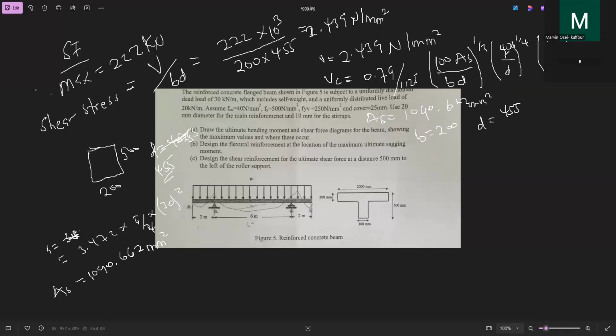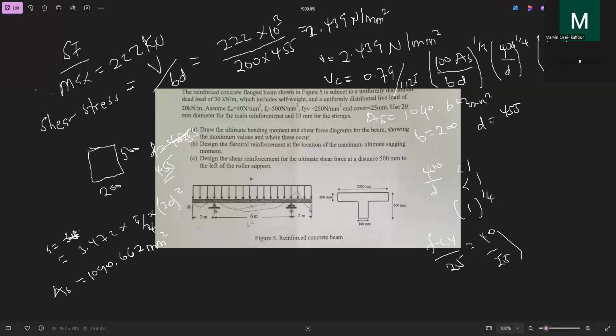And here, you check whether 400 over D will be less than 1. If it is less than 1, you maintain 1 for the entire place. After that, you check your FCU over 25. The value of FCU, the concrete strength, is 40.